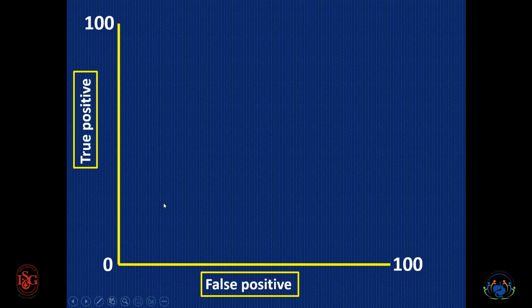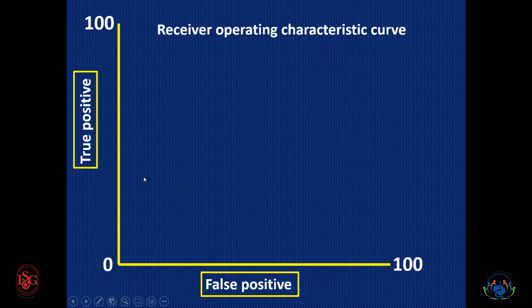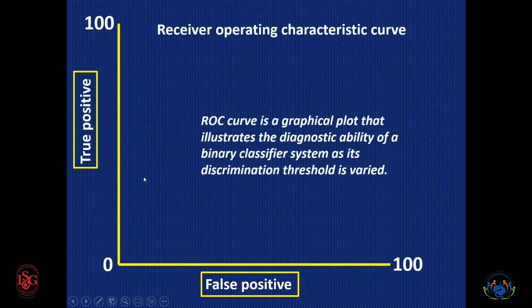An ideal test would be in the top left area, at a mark there, because it would have 100% true positives and 0% false positives. The receiver operating characteristic curve is a graphical plot that illustrates the diagnostic ability of a binary classifier system as its discrimination threshold is varied.